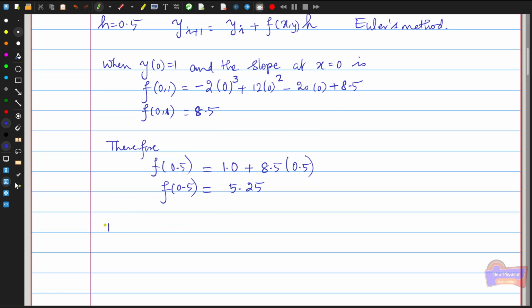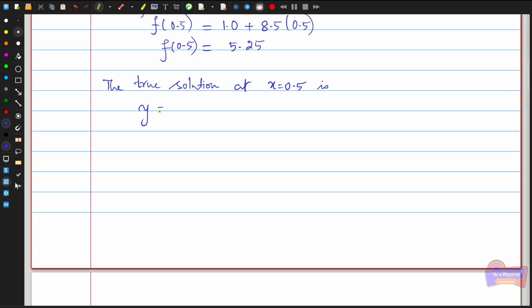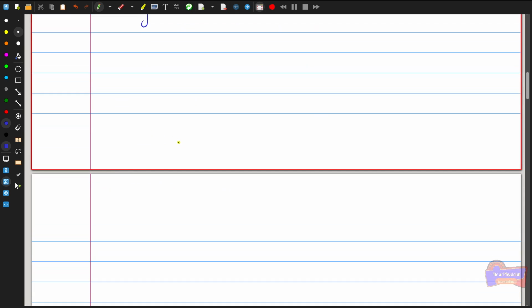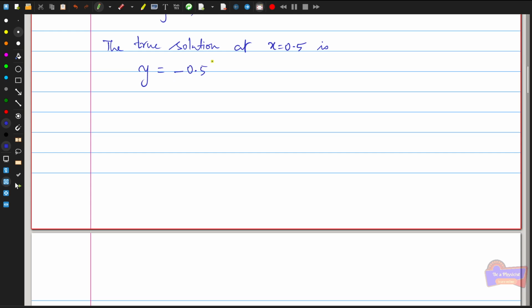So the true solution at x equals 0.5 is minus 0.5 times 0.5 to the power 4 plus 4 times 0.5 cubed minus 10 times 0.5 squared plus 8.5 times 0.5 plus 1. Doing the calculations, the final value of y is 3.21875.